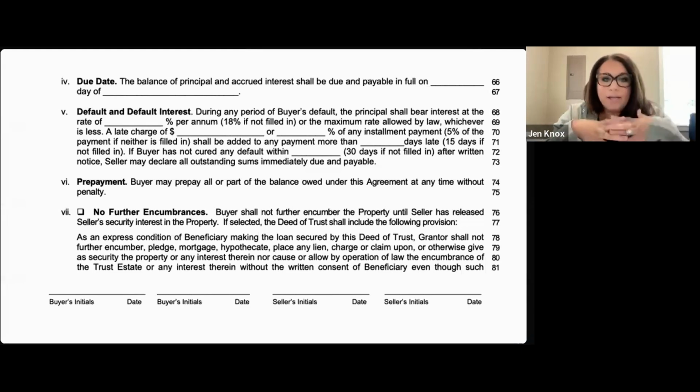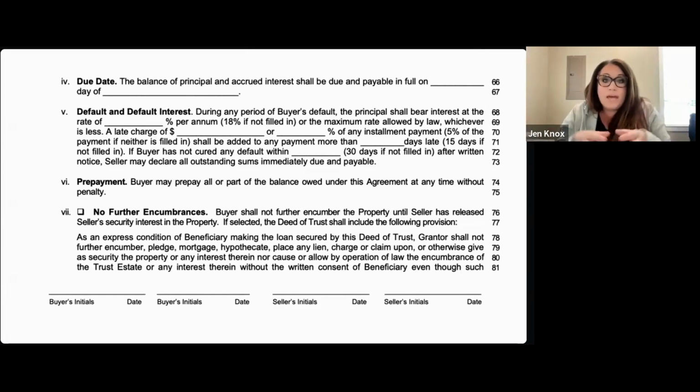So a buyer cannot go into a seller finance, take the seller's home, keep it in the deed of trust, so keep it in the seller's name, while the seller's still responsible for making payments, and the buyer cannot go on and use that as collateral for something else, right?